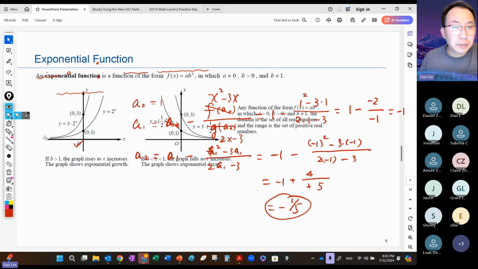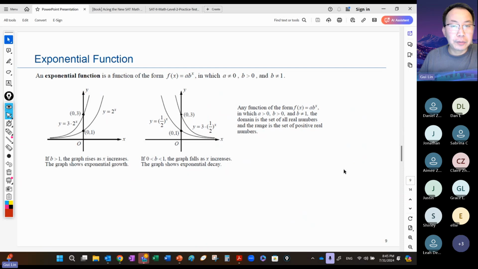So exponential function, actually, we learned this before, right? Just like earlier when we had the example. So in an exponential, the x, the variable, is changed. You can imagine, we learned x power n, right?